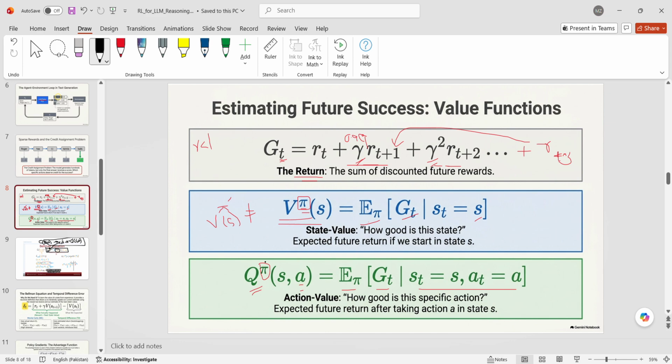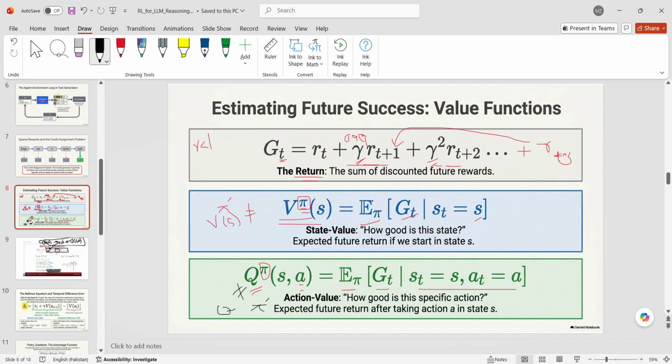So if you take the same action in the same state S but under a different policy pi dash, the Q value for it is going to be different from this Q. So we have to remember that these state values and action values are always in correspondence to a certain policy.